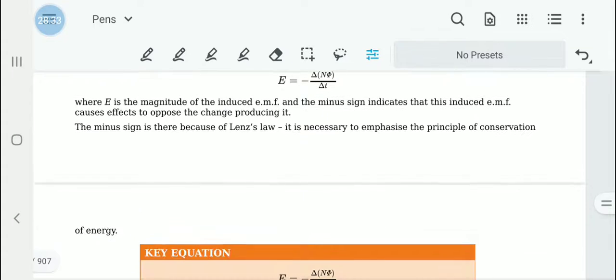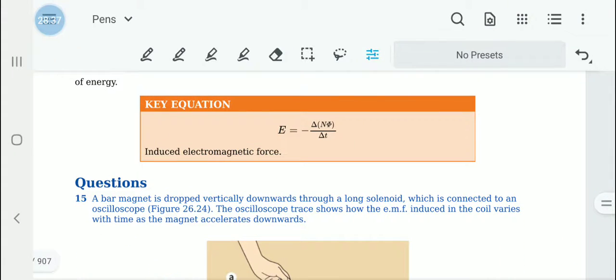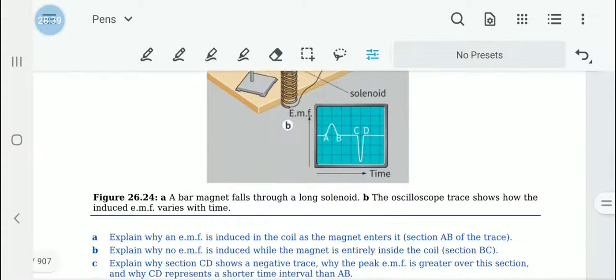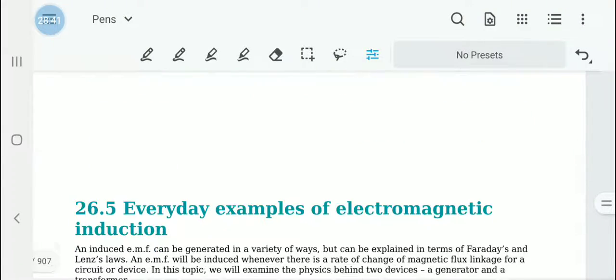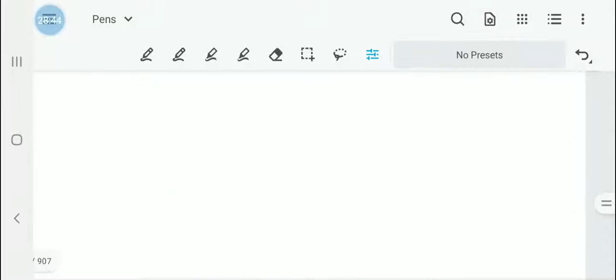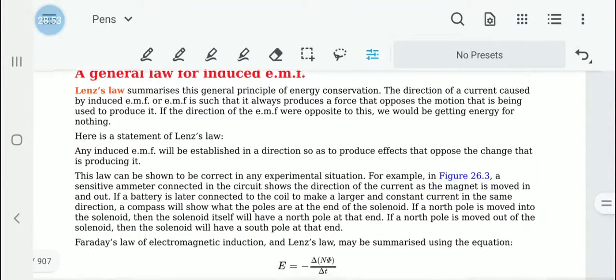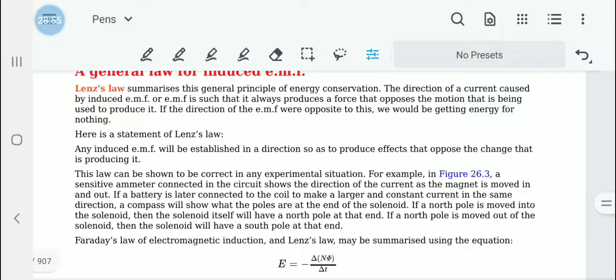It is very important that we understand and emphasize the fact that energy is conserved, because if not, we would be able to obtain energy without giving any energy at all. Write down a note on this. Lenz's law summarizes the principle of energy conservation.